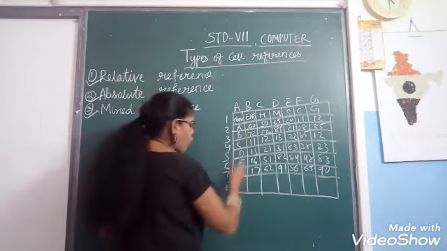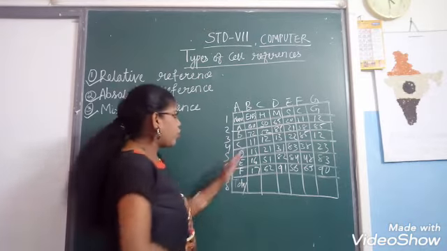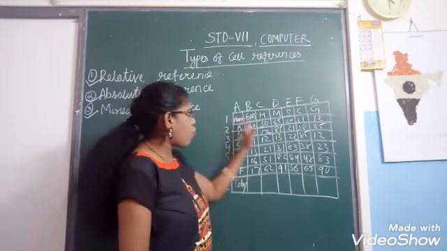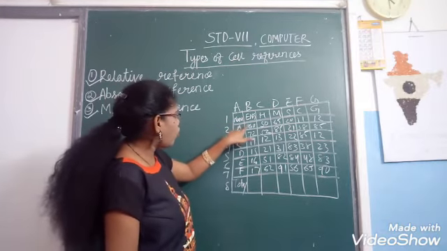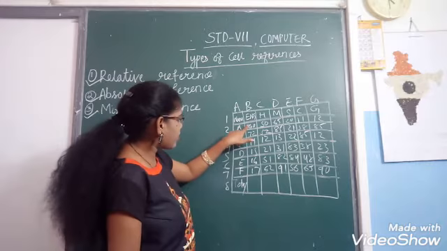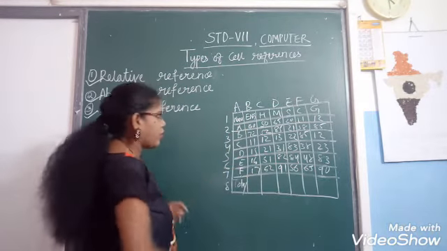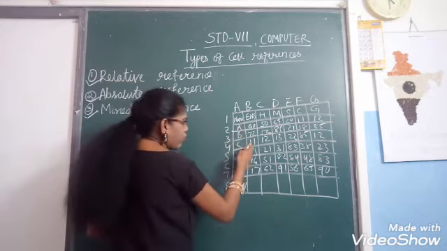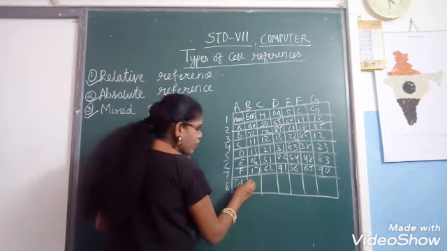Now I want the total marks of all these students. So here I want to add from 60 to 70, I want to add all these numbers: 60, 72, 11, 15, 16, 17. So what do I have to write here?